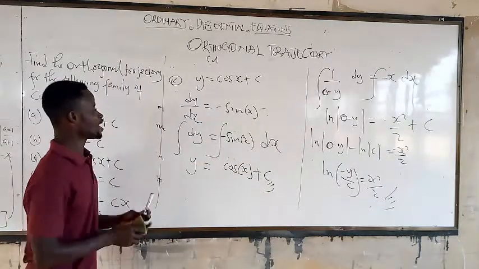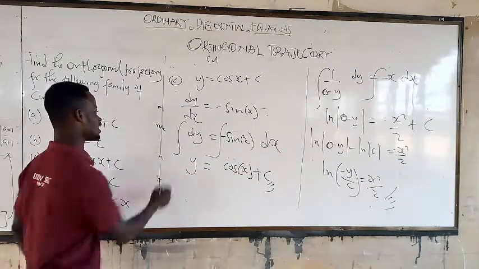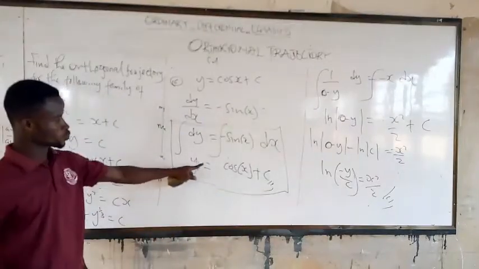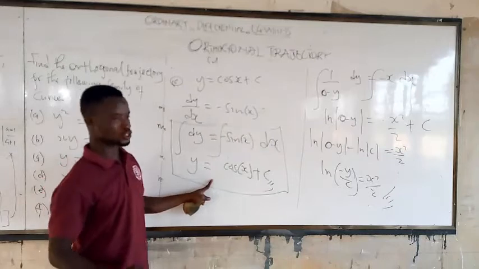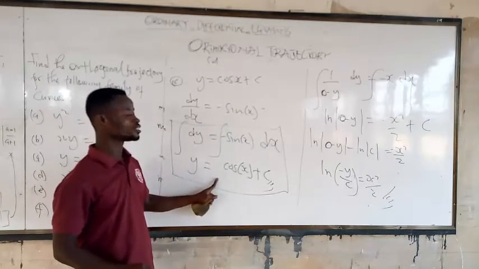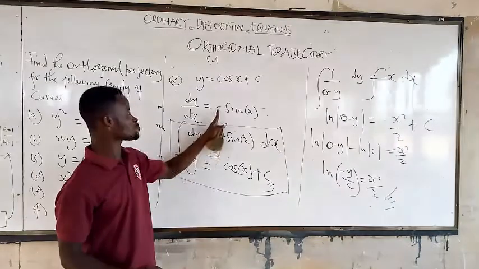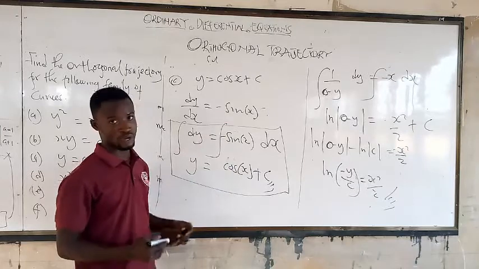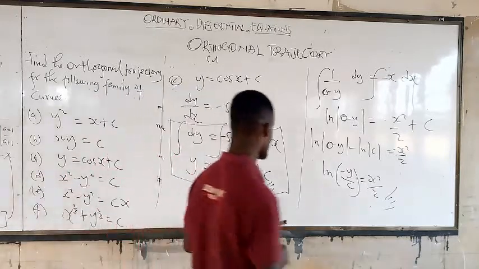You see, this is what I was just saying. This is wrong. Why is it wrong? Because we didn't take the negative reciprocal of this before solving it by separable. So it makes it wrong.